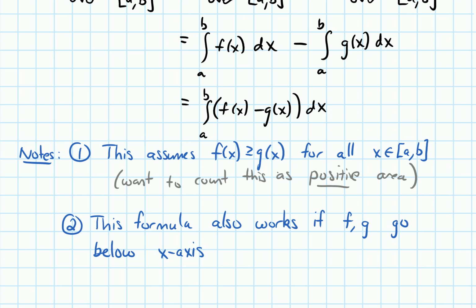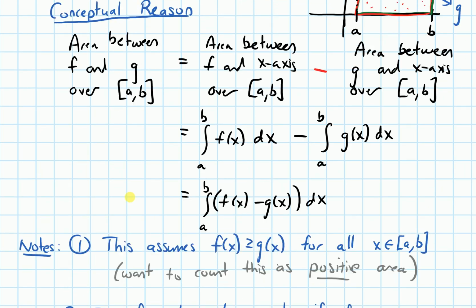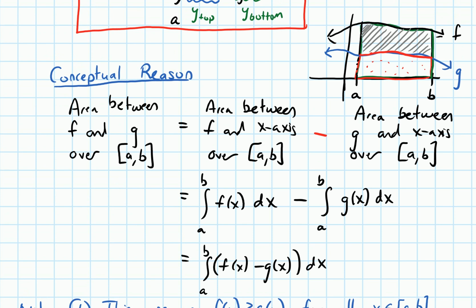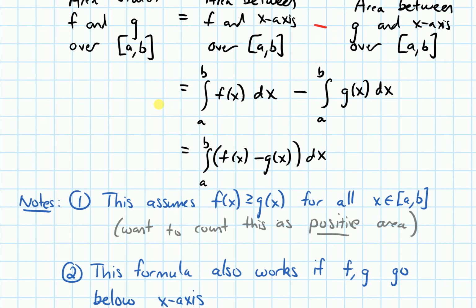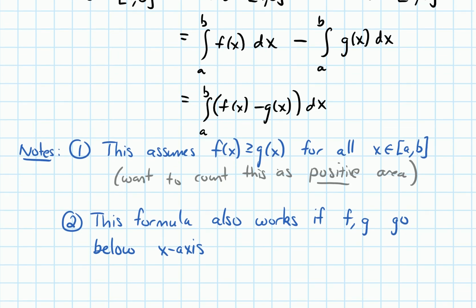And the second note is this formula also works if f and g go below the x-axis. So in this conceptual explanation that we gave, for simplicity, I just said, oh, let me just draw it so that f and g were both above the x-axis. But this conceptual reason will also work if one of them or both of them go below the x-axis. So I would encourage you to think about why.